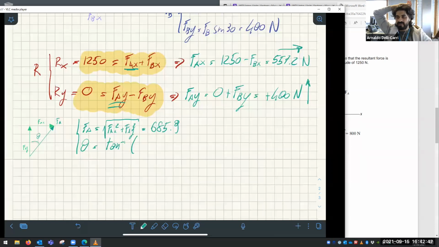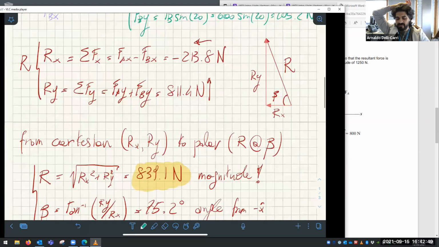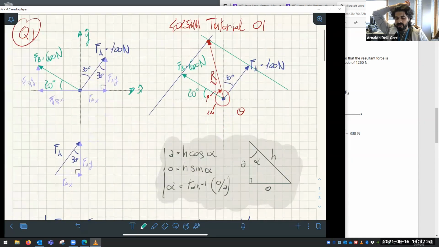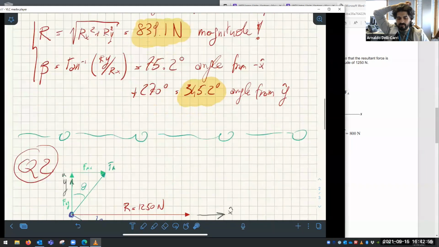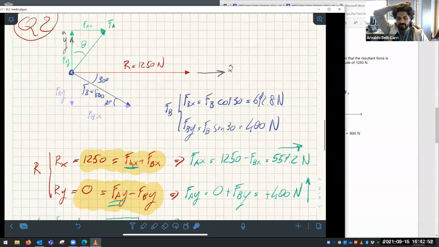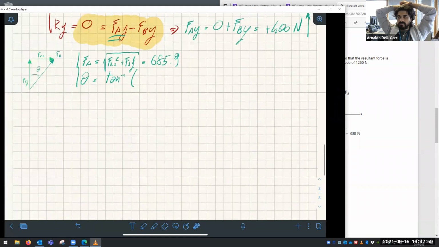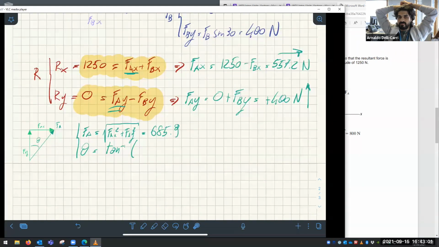So what's the formula? Let's go back to the formula. The formula says opposite over adjacent. So what is opposite to theta? Look here. Opposite is Fax. So Kelechi is correct.